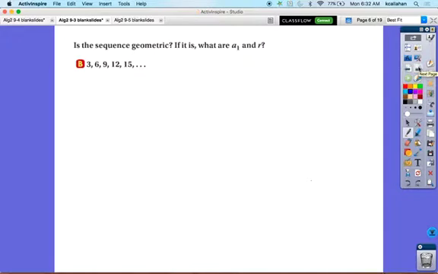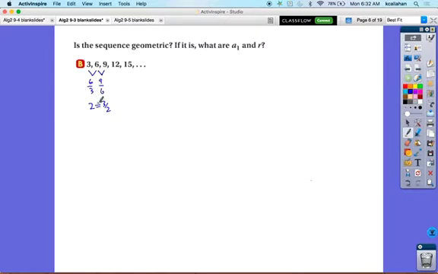Same deal. Is it geometric? If it is, what is the r? What is the a1? Okay. Again, you're going to look at this right away and say, I see a pattern. Okay, but is it the right pattern to call it geometric? If I divide 6 divided by 3 is 2. 9 divided by 6 is 3 halves.